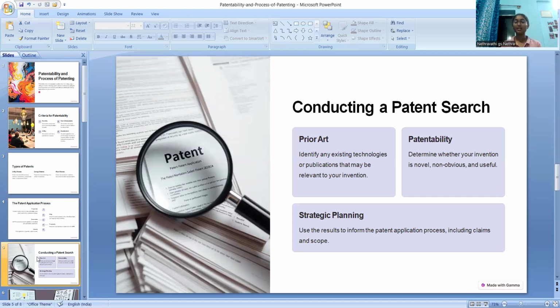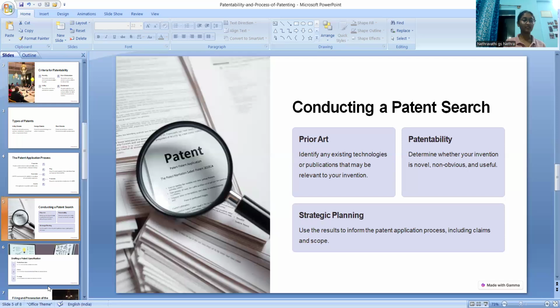It clarifies whether the given file is useful to the public, non-obvious or novel. It's just going to cross-check these things. Next comes the strategic planning. In this, use the results to inform the patent application process, including the claims and the scope.